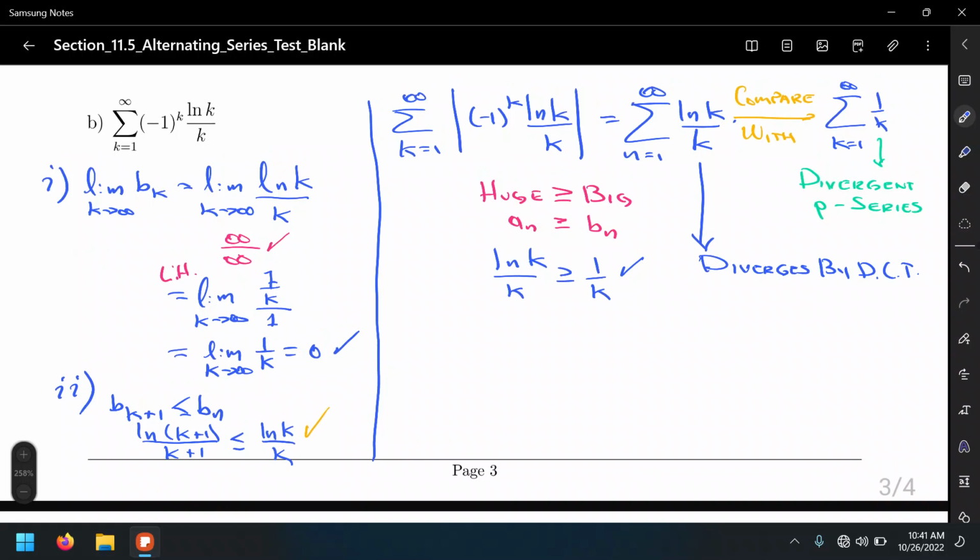So in this case, the original series, sigma k equals 1 to infinity of negative 1 to the k, ln of k over k, converges. Yes, it still converges, but it's not going to converge absolutely. It converges conditionally.